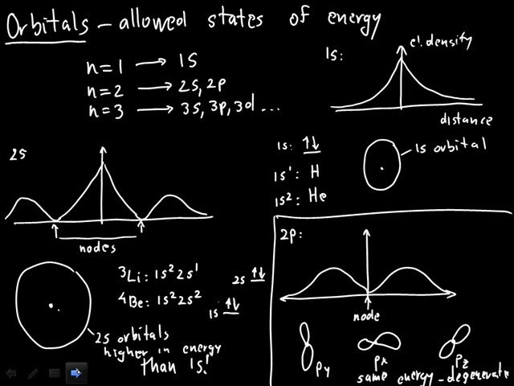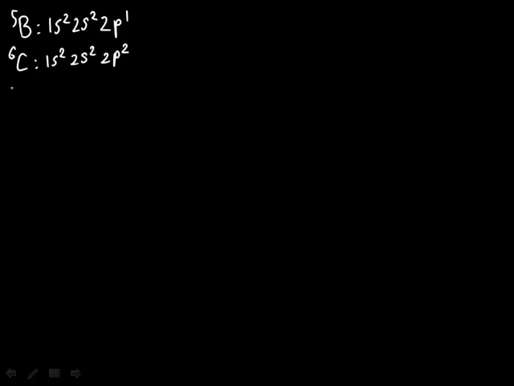Now let's look at some of the elements that start filling up the p orbitals. These are boron, which is 1s2, 2s2, 2p1. Then an element we're very interested in, carbon, which is 1s2, 2s2, 2p2. Nitrogen, 1s2, 2s2, 2p3.